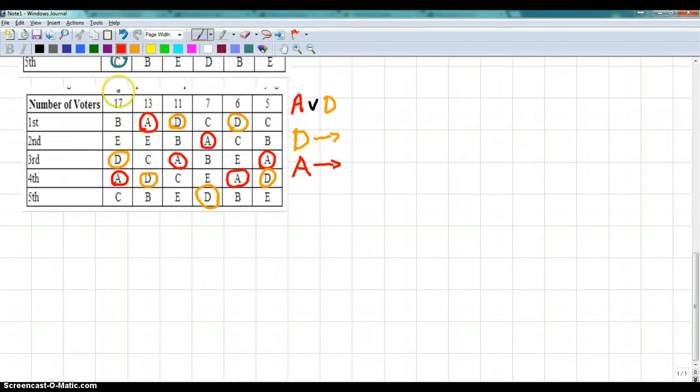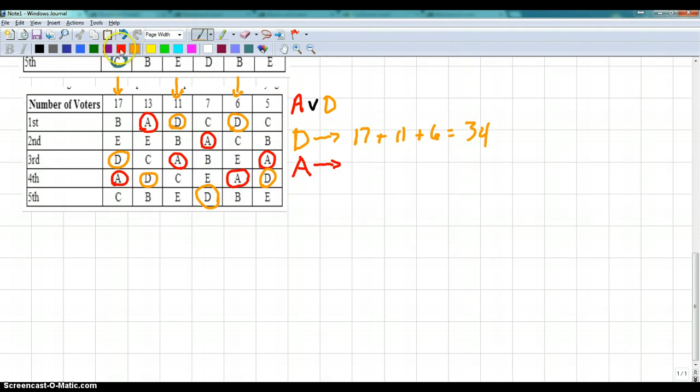Okay, for this one we'll see that D takes precedence in the first column, the third column, the fourth column, and the fifth column. And so that means that we'll assign 17 plus 11 plus 6, which is going to yield 34.